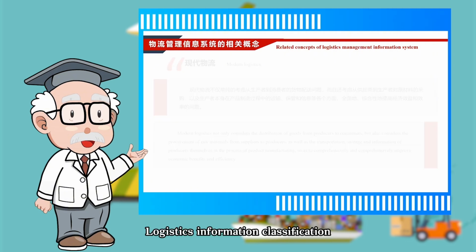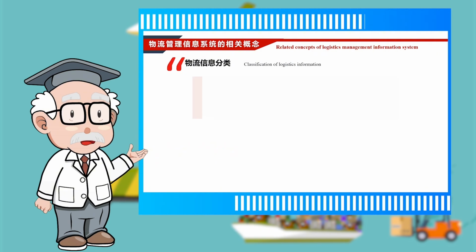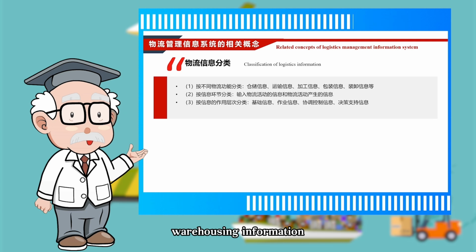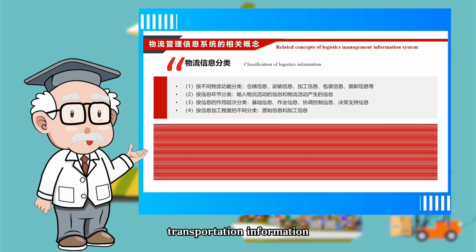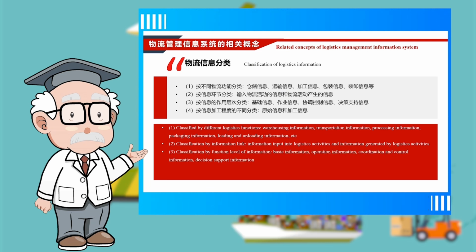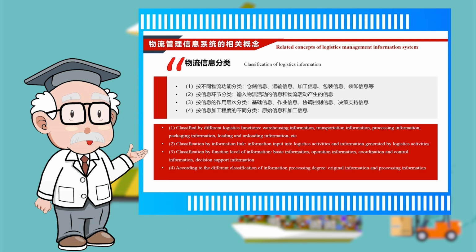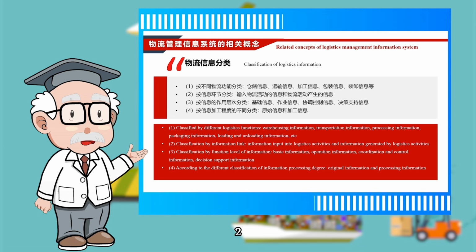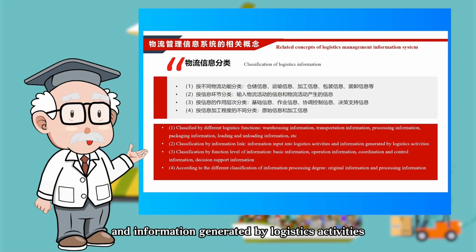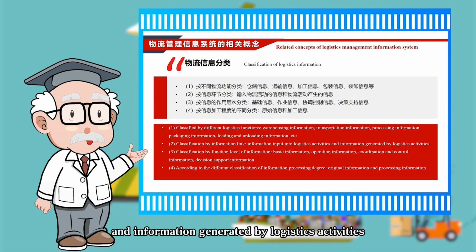Logistics Information Classification. Point 1. Classified by different logistics functions: warehousing information, transportation information, processing information, packaging information, loading and unloading information, etc. 2. Classification by information link: information input into logistics activities, and information generated by logistics activities.